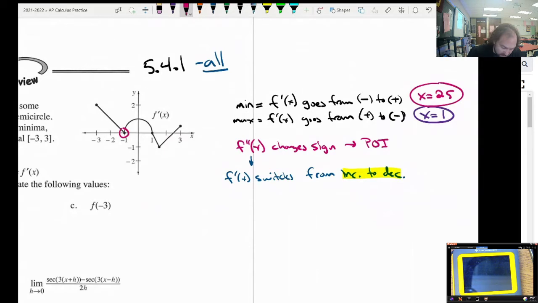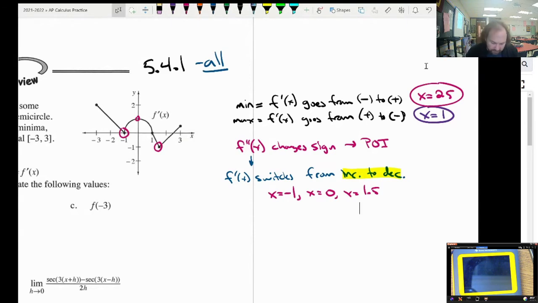I see that happening here at x equals 0. And I see it happening again at x equals, it looks like 1.5 or so. Those are the 3 places that I see the graph changing from decreasing to increasing. So x equals -1, x equals 0, and x equals about 1.5, I think, are reasonable answers for that question.